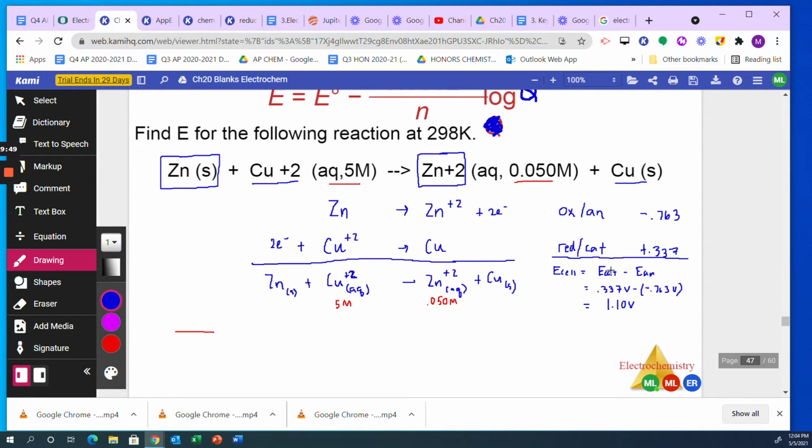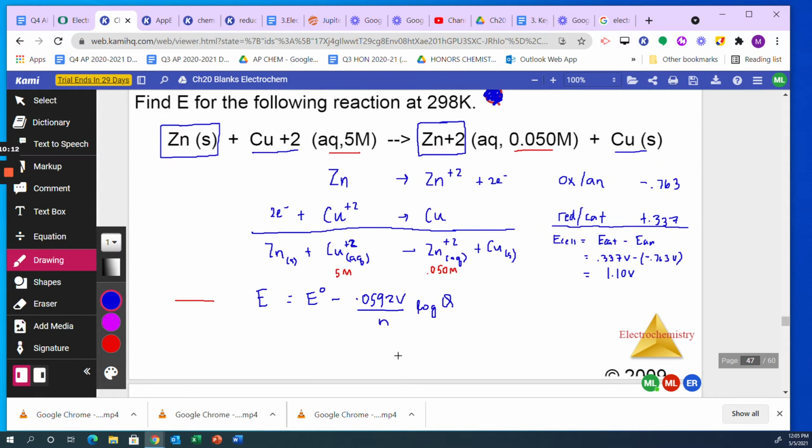Then I'm going to plug all these values into the formula. The formula states that the cell potential at non-standard conditions is equal to the cell potential at standard minus 0.0592 volts over the number of electrons transferred and the log of Q. So plugging it in, I get E naught as 1.10 volts minus 0.0592 volts divided by N, which is 2 electrons, because 2 electrons got transferred, no units, times the log of Q. Q is products over reactants.